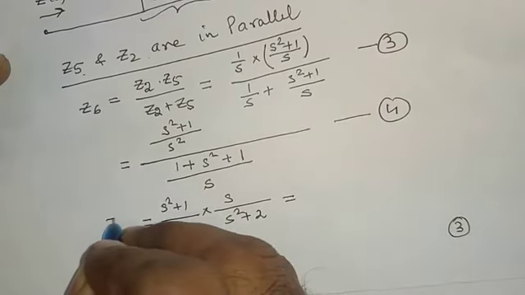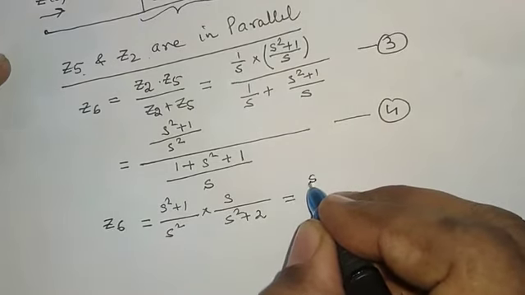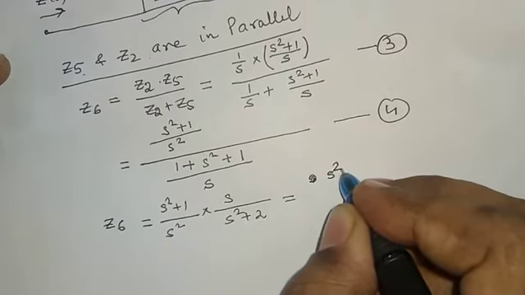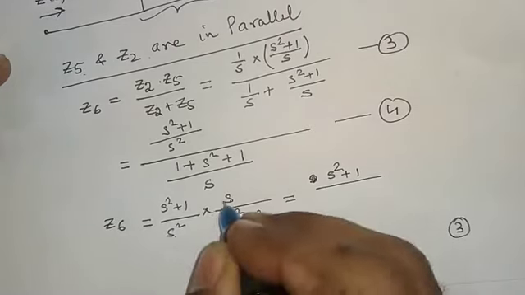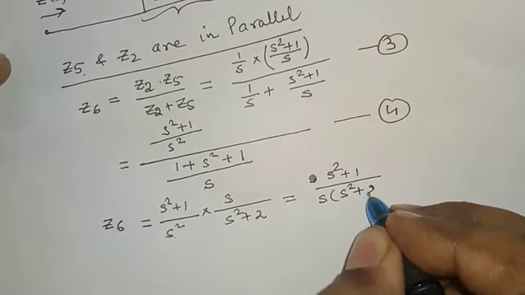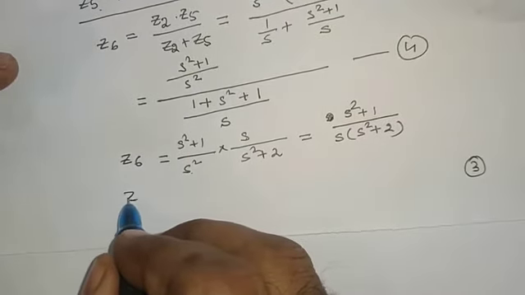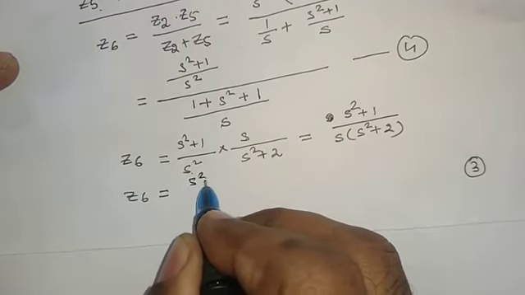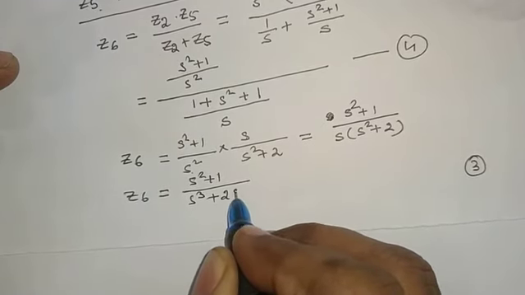Then this S will be cancelled, and it will be S square plus 1 divided by S multiplied by S square plus 2, or if you want to simplify, then Z6 is equal to S square plus 1 divided by S cube plus 2S.